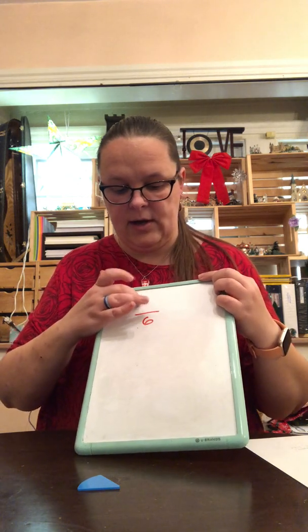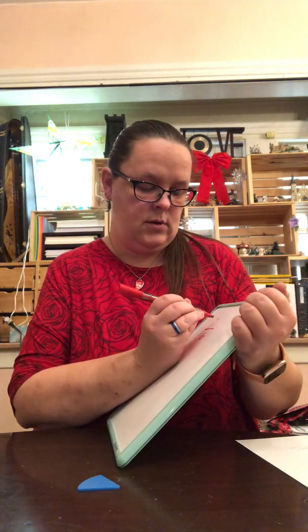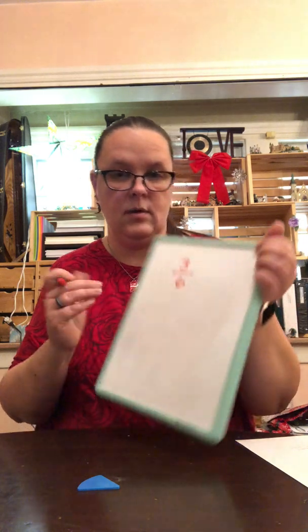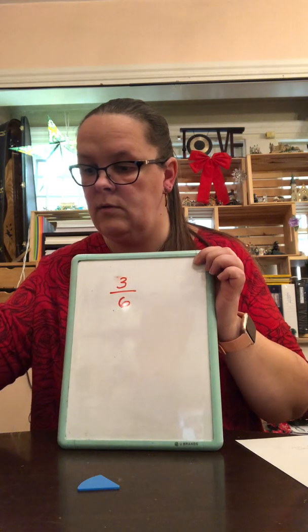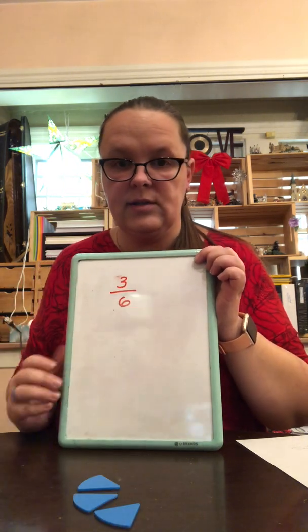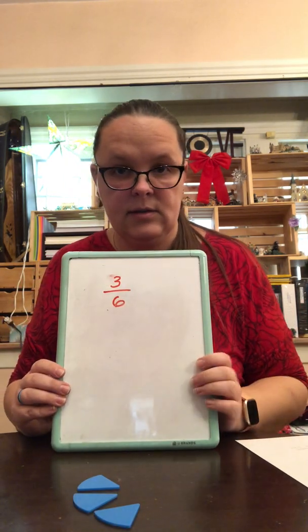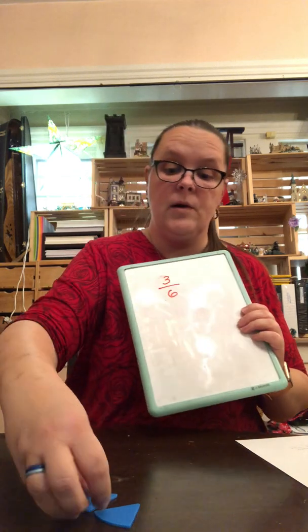If I wanted to have 3/6, all I would have to do is take 2 more sixths and put them out. Now I have 3/6. So, you already know how to do that. We worked on that in the last video.